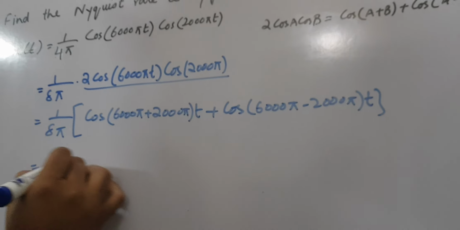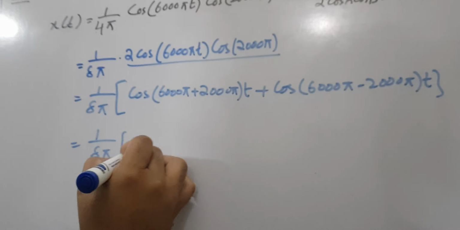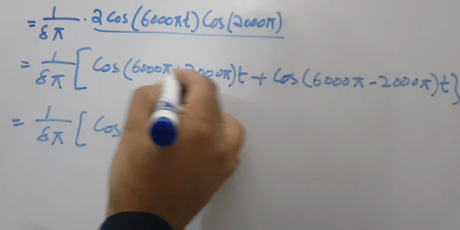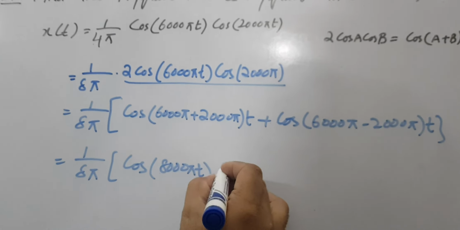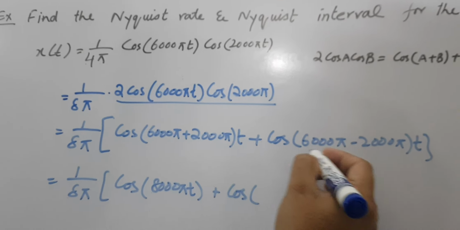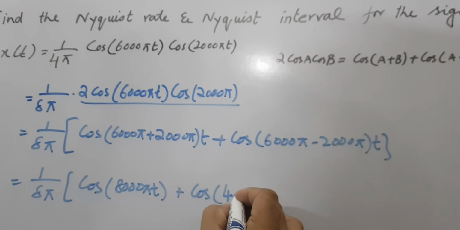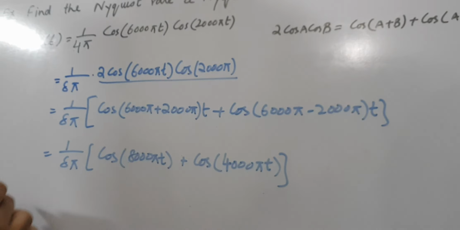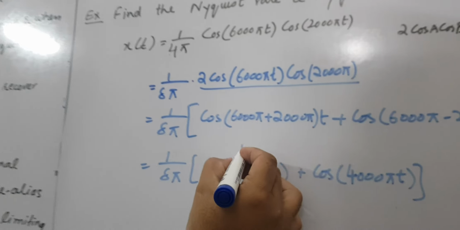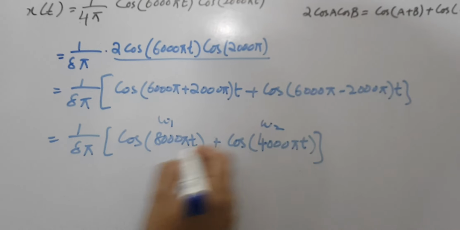So that equals 1 over 8 pi, cos 8000 pi t plus cos 4000 pi t. So these are the two frequency components. This is omega 1, this is omega 2.